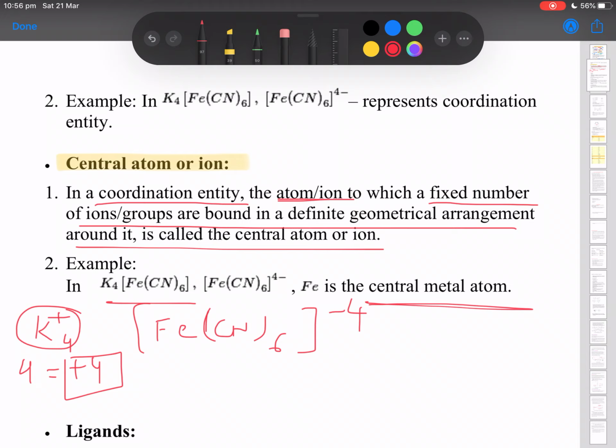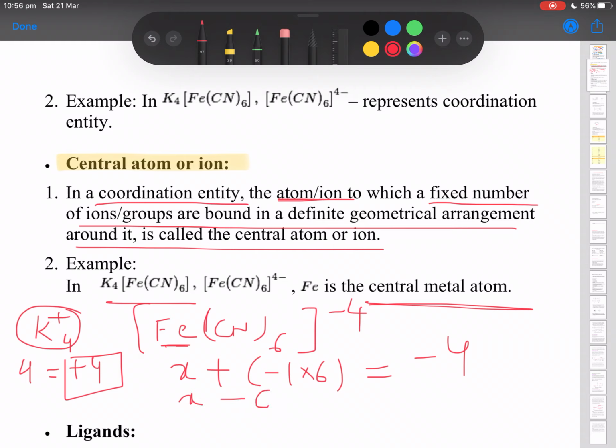Fine. Now if you want to calculate the oxidation number of iron, because oxidation number, remember, is always of the transition metal which has been taken as the central metal atom, we'll take it as X plus the charge on cyanide, which is minus 1. That you have to memorize. I'll give you the list. Into 6, because there are 6 ligands, equal to the total charge on the complex. That's minus 4.